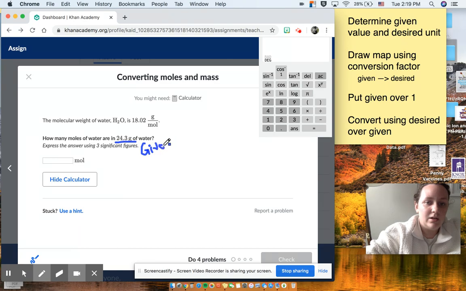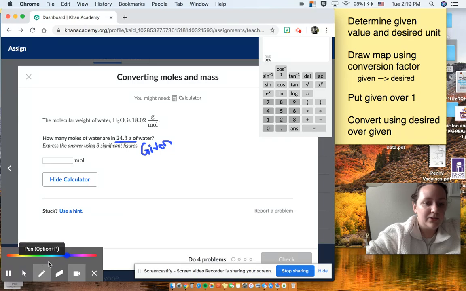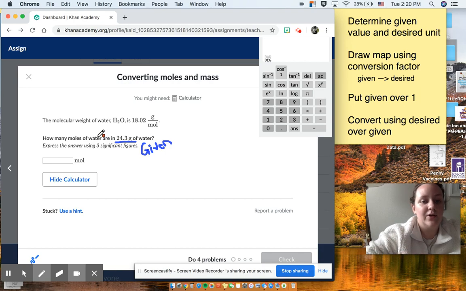Given. It's really hard to write using the mouse pad. And then I usually like to put a box around what my desired unit is. So what I'm trying to figure out, I'm given 24.3 grams of water. What I'm trying to figure out is how many moles that is. So this is my desired.